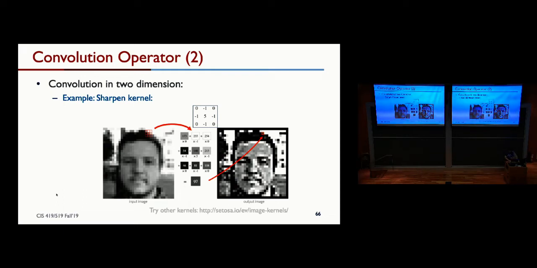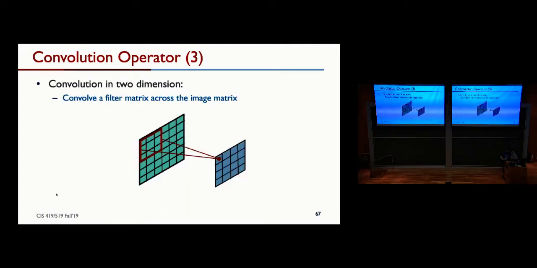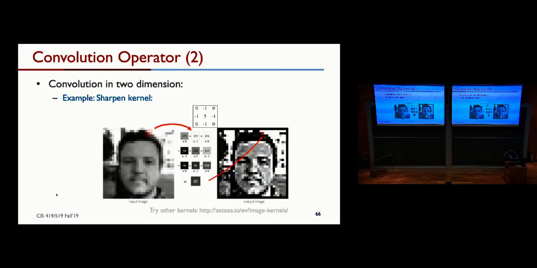We don't really need to go into the details, but how it is applied is you have an image, the big one in the back. You have this filter, which is 3 cross 3, and you do this operation, which is you multiply the image pixel values by the filter values, and then you sum them up.